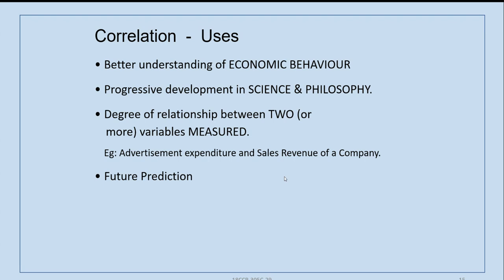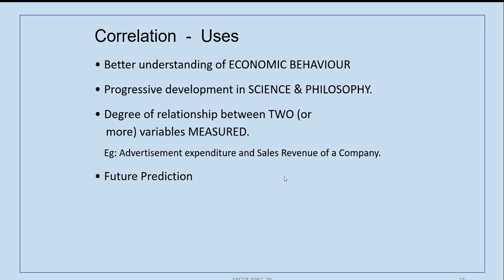When the correlation is there, correlation will help you to understand the economic behavior. Economic behavior means the behavior of goods economically, that means money wise. For example, we have seen advertisement and sales. We'll try to understand the behavior of advertisement and sales.